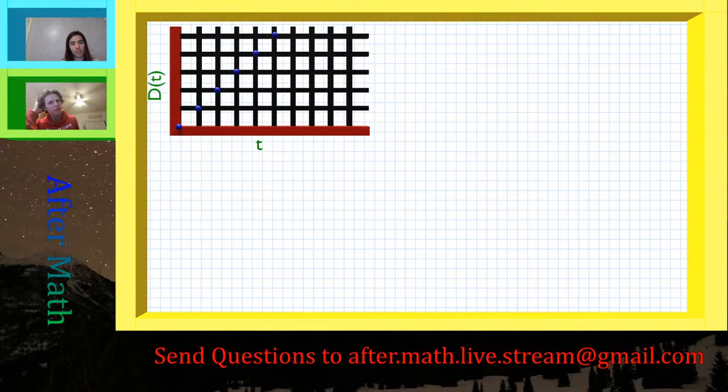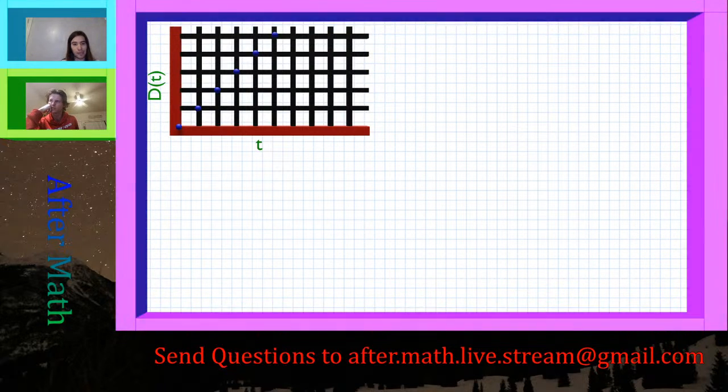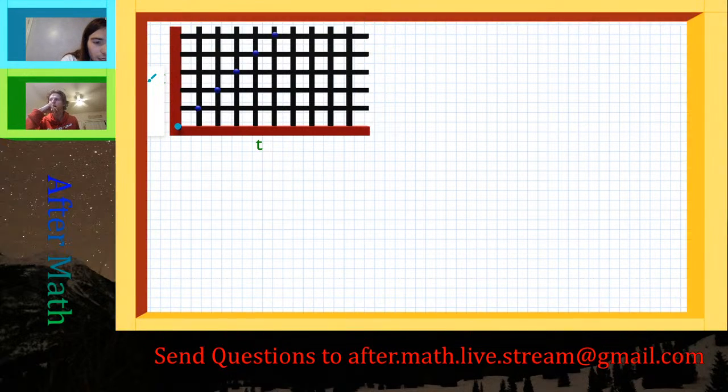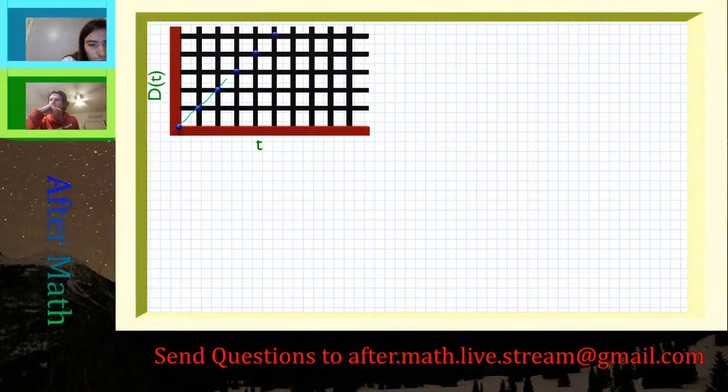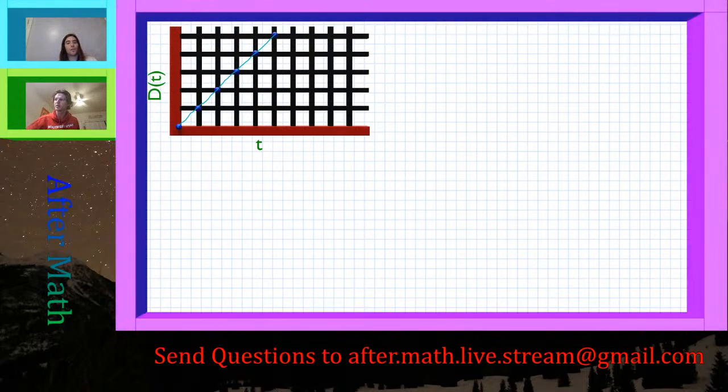And we see we get these dotted lines, right? So at time equals 0, it's at 0. At time equals 1, the displacement is 1, and so on and so forth. And so we can go ahead and draw a line in between these. Boop. Cha-ching. Whoa. And we could go ahead and find the slope of this, right?